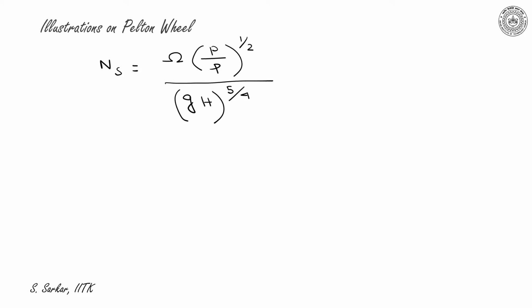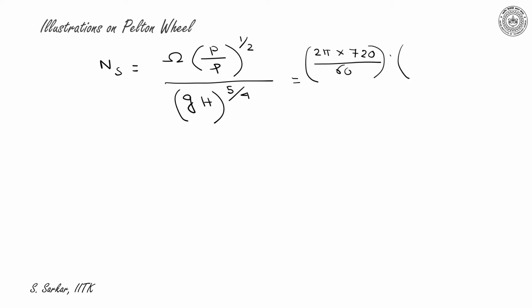Let me put all the expressions. Omega is equal to 2 pi N divided by 60, that is 2 pi into 720 divided by 60. This will be omega.